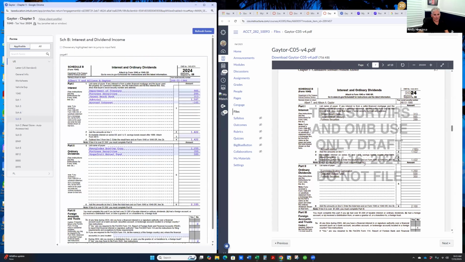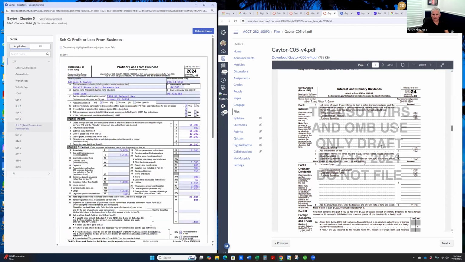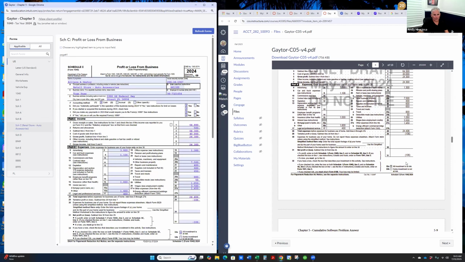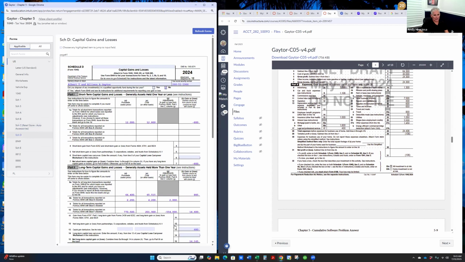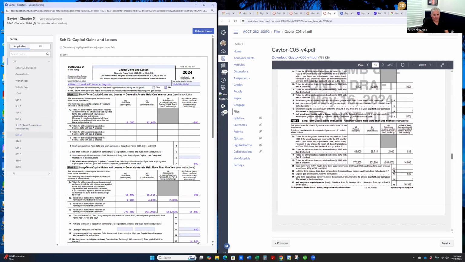Schedule B, no changes. Let's just look at the totals: 1422, 1422, and 2121. Schedule C, no changes to that. Let's go look. Negative 106, negative 106. Schedule D, first page, 16,165, 16,165.